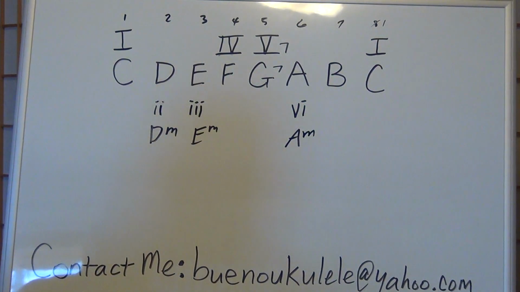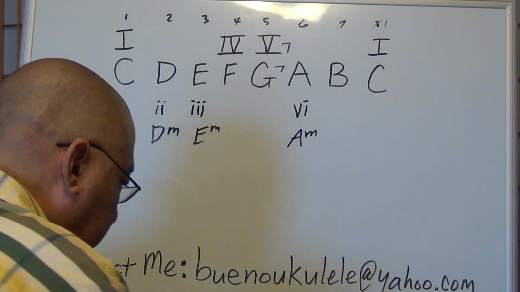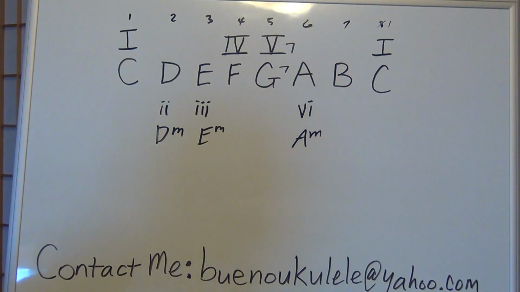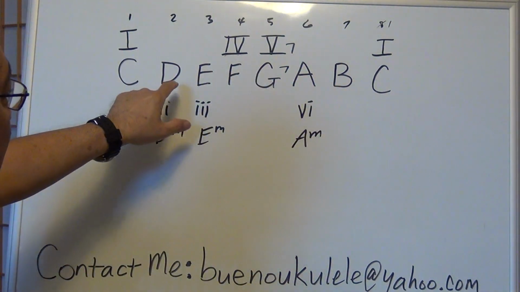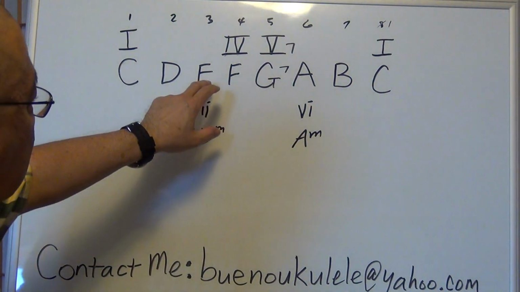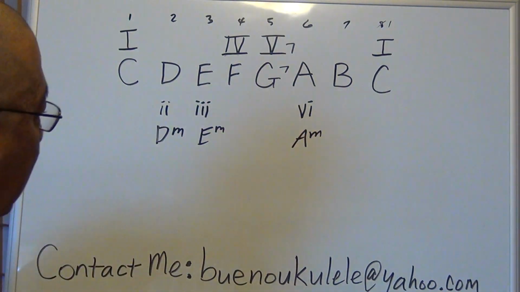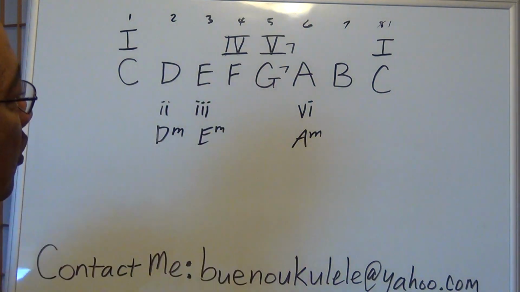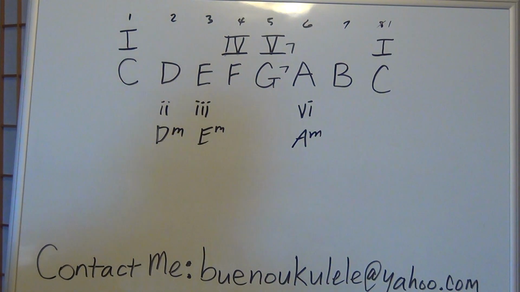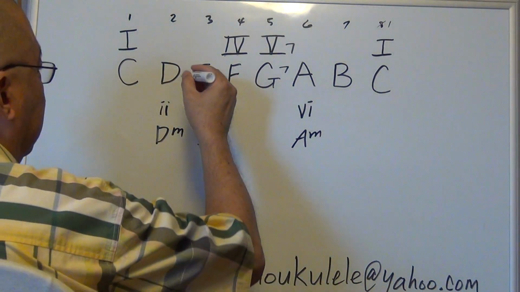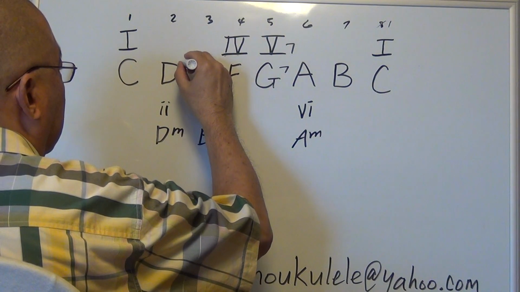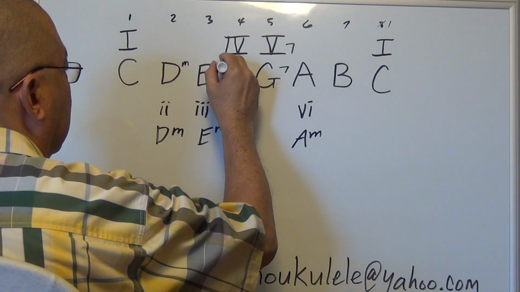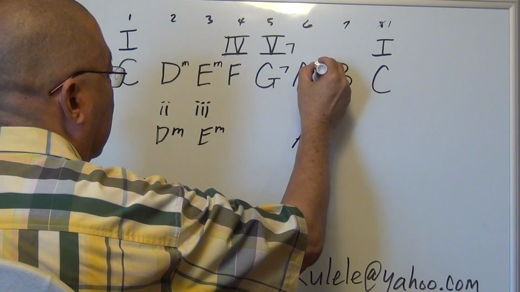And if you recall, all of these chords are chords that you've already learned. So you know all these chords. Once again, in this key right here, that's a D minor, that's an E minor, and that's an A minor. So those are the chords in the key of C. Minor, minor, minor.